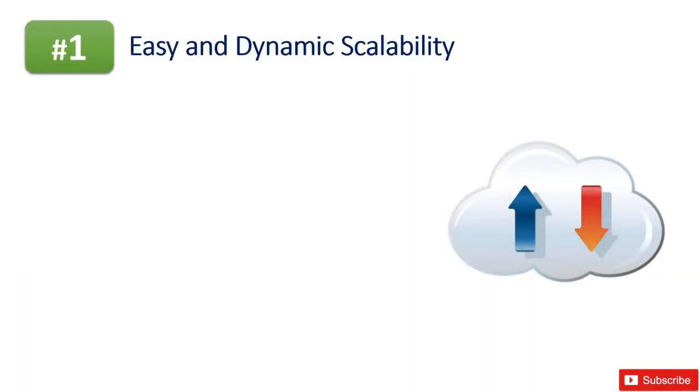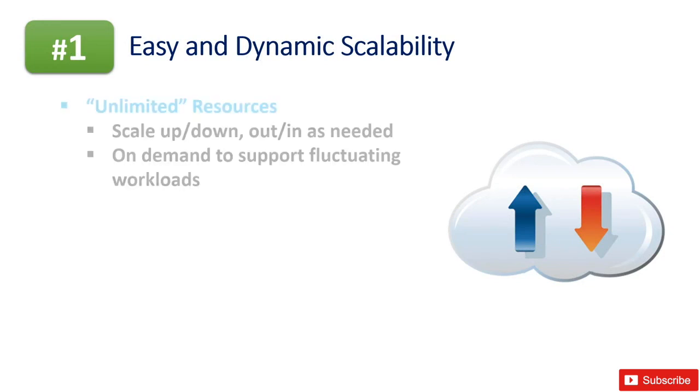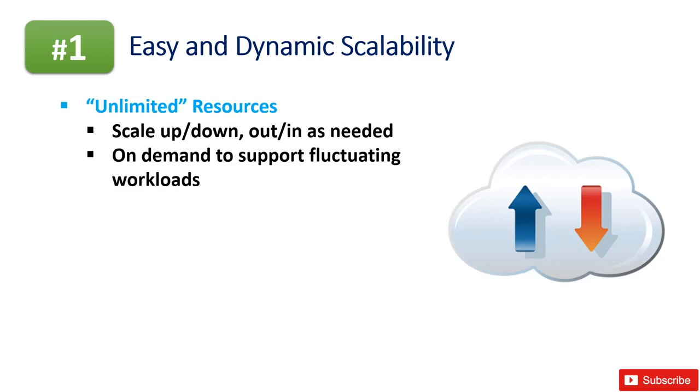Starting from the first key advantage or benefit of using a public cloud service: easy and dynamic scalability. Public cloud providers are using really mega scale data centers and networking infrastructure on a global scale, looking like unlimited resources. Of course, anything is limited at the end, but from the perspective of a particular organization using the cloud service, this is like an unlimited pool of resources.